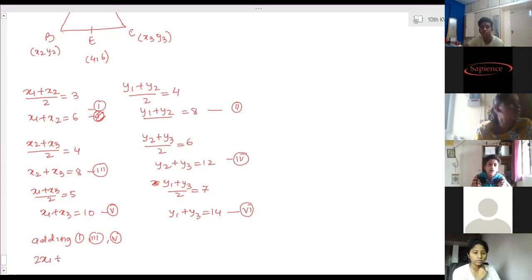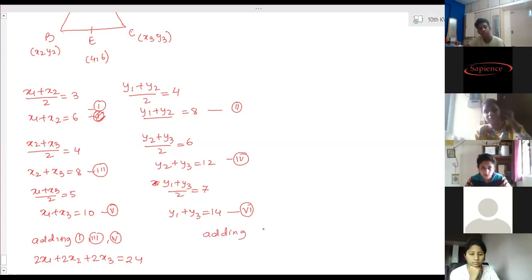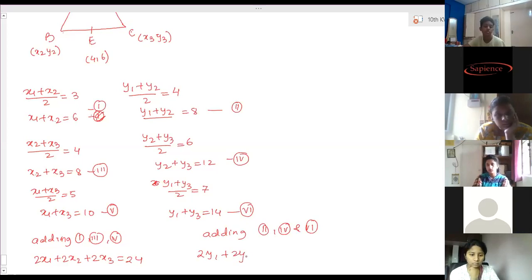So 2x1 + 2x2 + 2x3 is equal to 6 + 8 = 14, 14 + 10 = 24. Similarly, add 2, 4 and 6: 2y1 + 2y2 + 2y3 is equal to 8 + 12 = 20, 20 + 14 = 34.